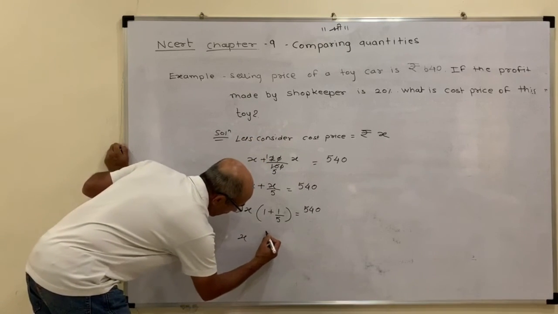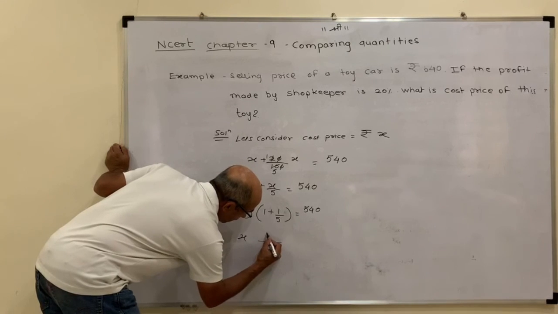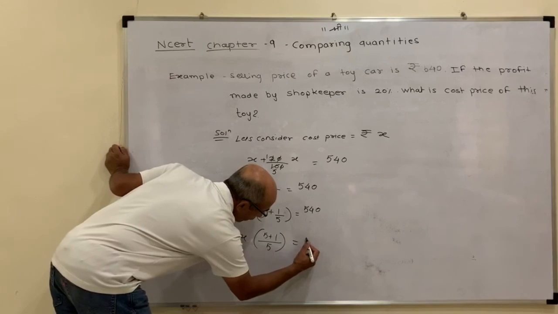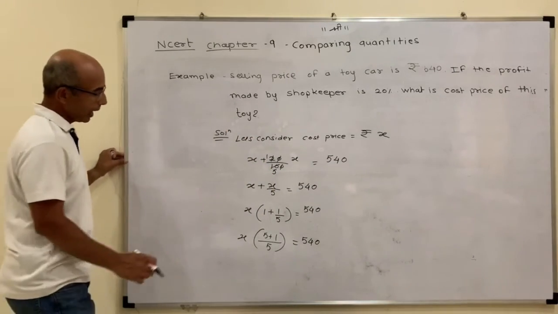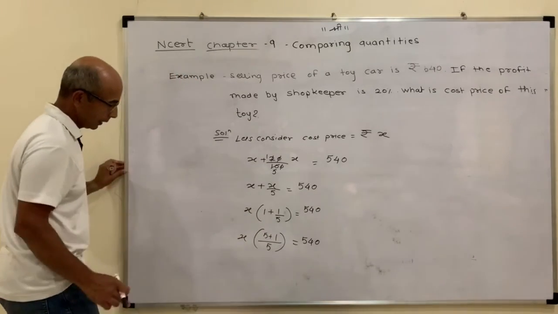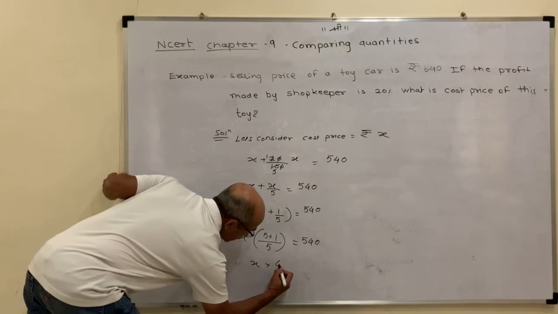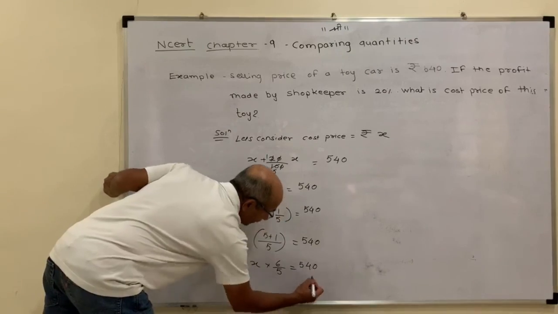Taking 5 as LCM, 5 ones are 5, so 5 plus 1 gives 6. So my X into 6 upon 5 equals 540.